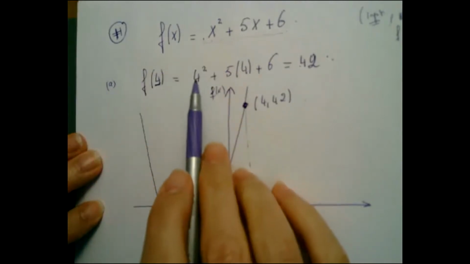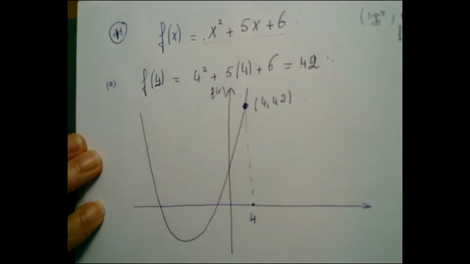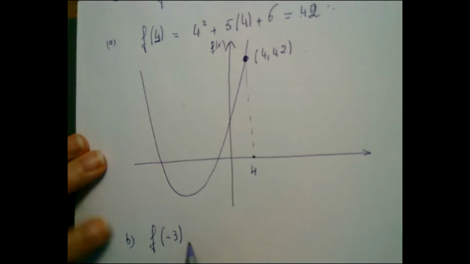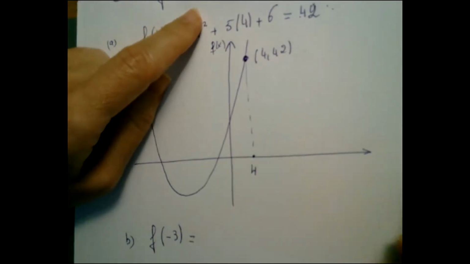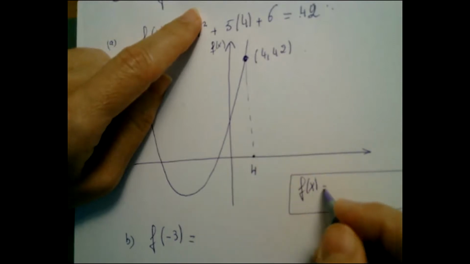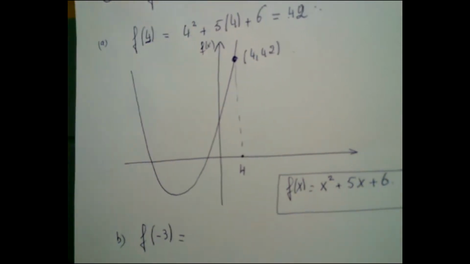F of 4 means if I plug in 4 for x, what do I get? Now f of -3 means if I plug in -3 for x. So this is my function, I will put it again in front of us: x squared plus 5x plus 6. What does the function do to -3? Whenever we have x, we have to put -3.